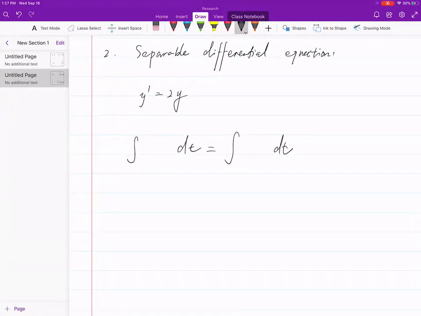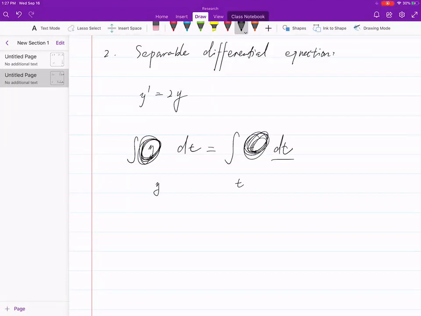So it makes sense for me to put all the y on one side and all the t on the other side to separate the two variables. One is with y and the other one is purely with respect to t. We don't mix them together, so we know which integral we should take. If you see a t, do dt. If you see a y, do dy. Still okay here?